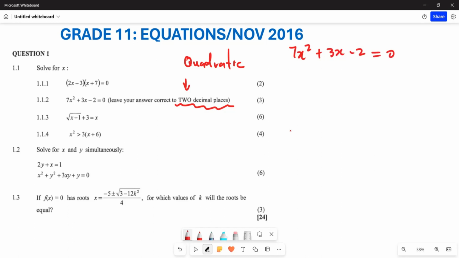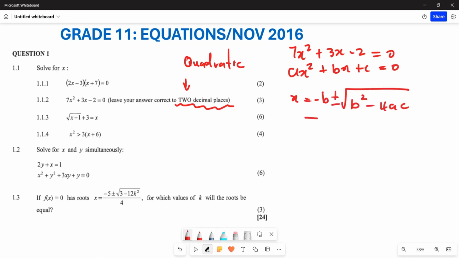And look, your quadratic equation is given by ax squared plus bx plus c is equal to 0, which means x is equal to negative b plus or minus the square root of b squared subtract 4ac, over 2a. How do you do this?